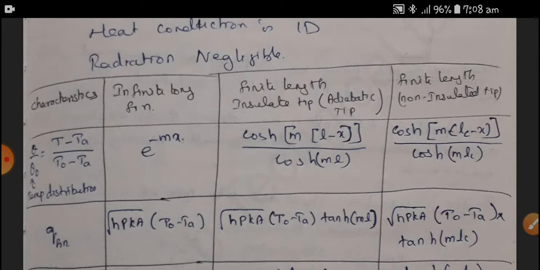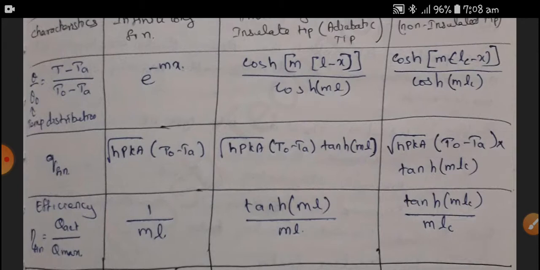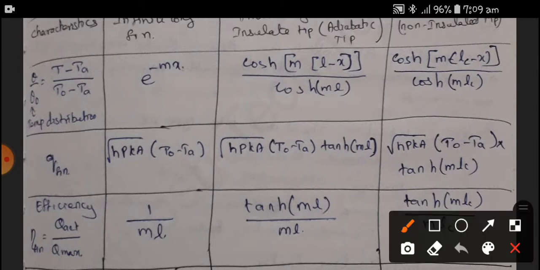For the heat transfer for the infinitely long fins, it is square root of hPkA into (T naught minus Ta). This is the formula.